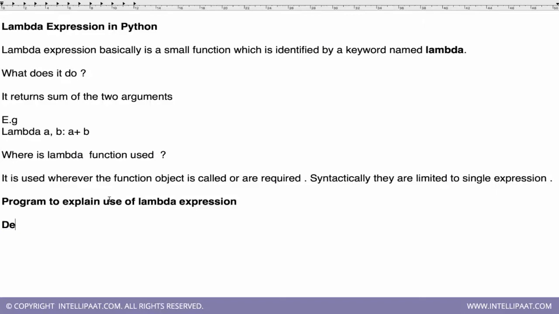So with respect to the definition and what we discussed, we create a function. Here, return x, where x is the single expression, and x plus n, where n is the object of the function. So let's see how it behaves.